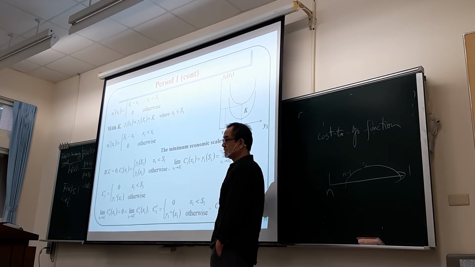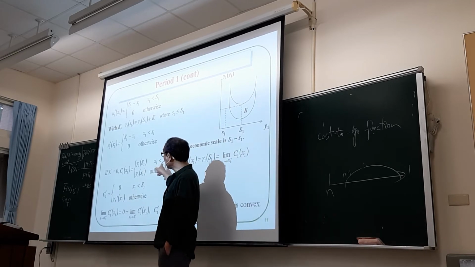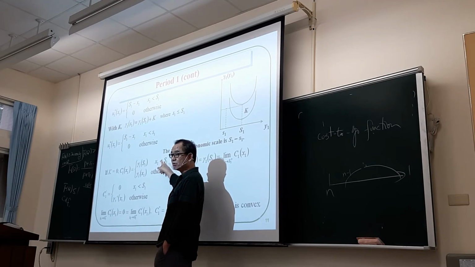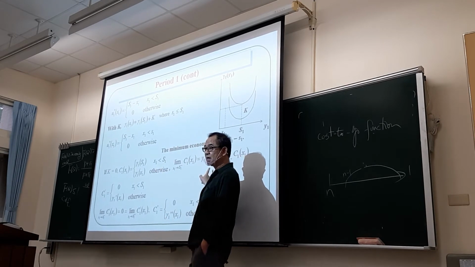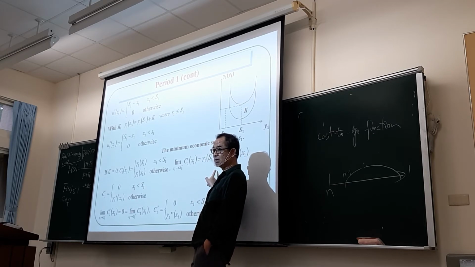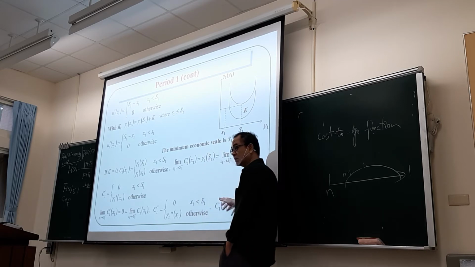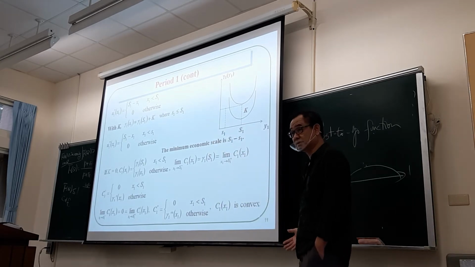With this property, certainly C1 has two segments, so we need to show the possible breakpoint. If the values at the breakpoint are the same, the function is continuous.